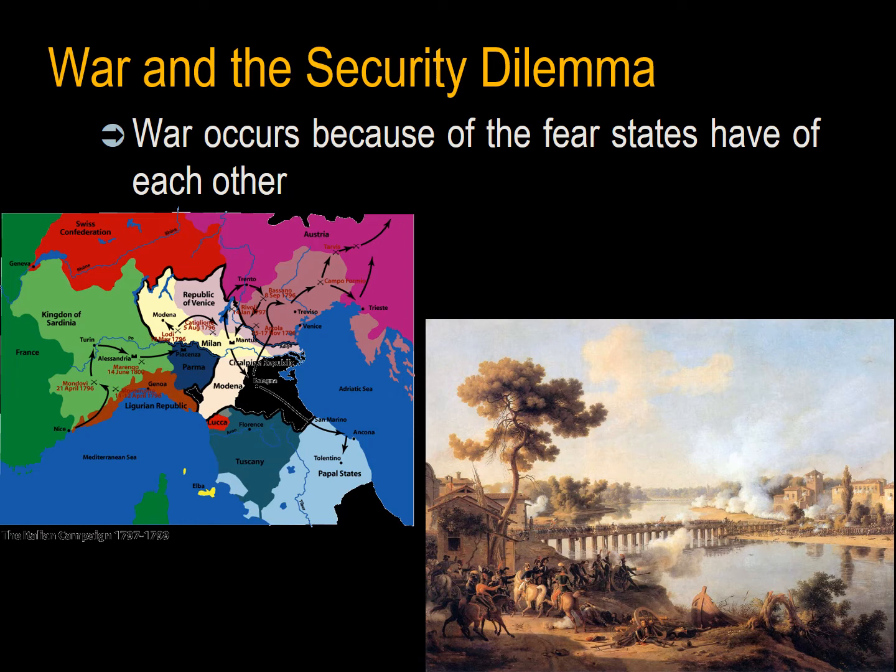By this perspective, war occurs because of the fear states have of each other. War is therefore avoidable if only states could be reassured so that insecurity did not lead to war. The problem is that states do not always agree on how much security is needed. Here you can see Napoleon's campaign in northern Italy.